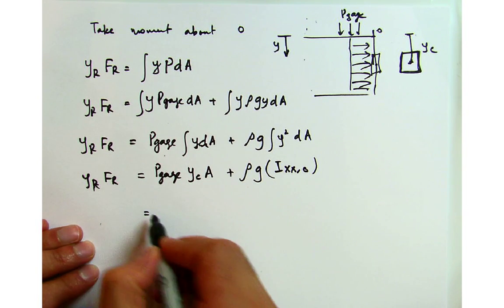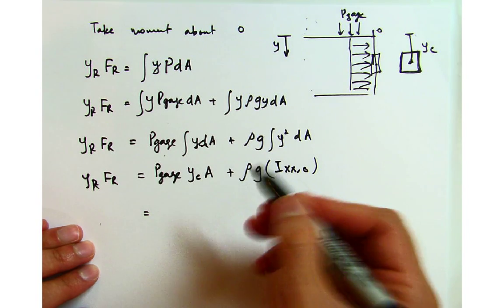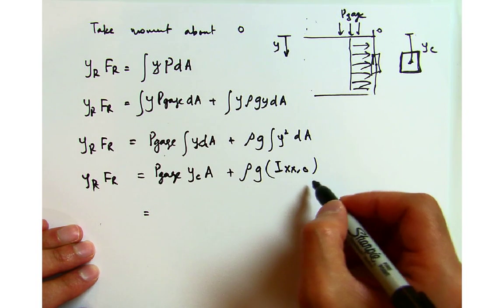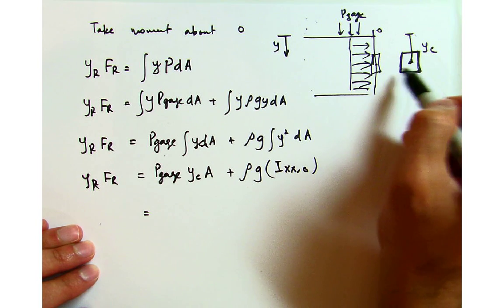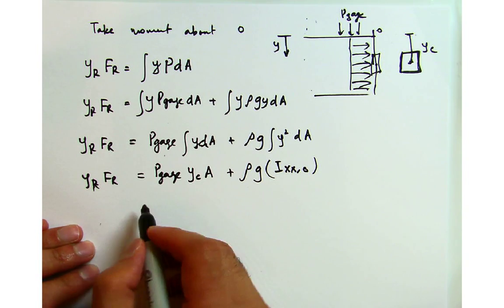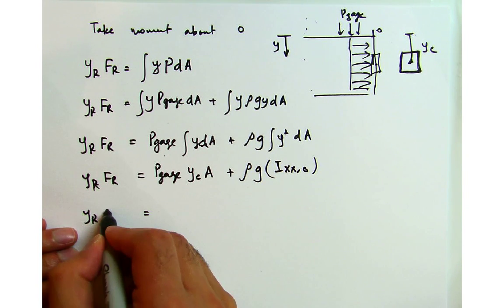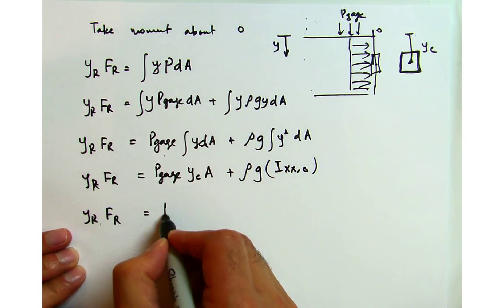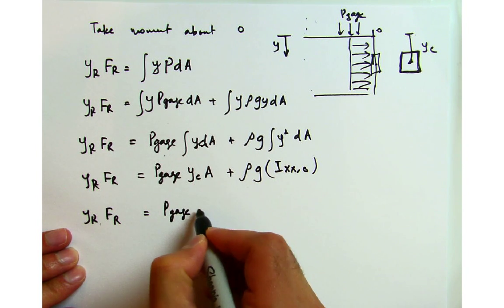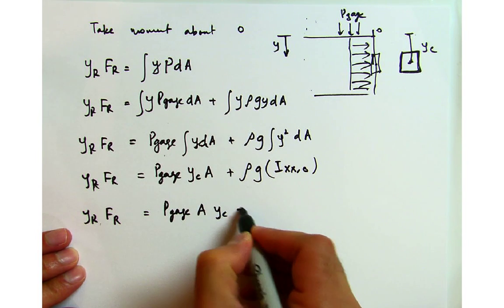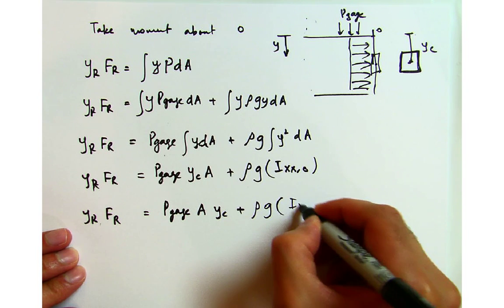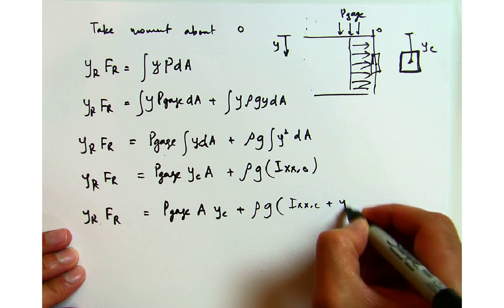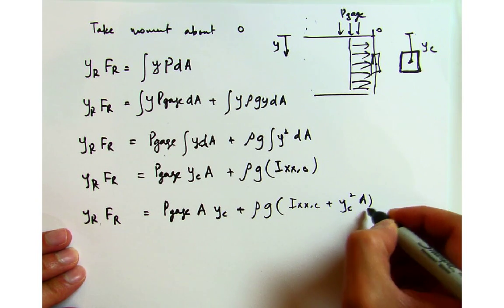I will use the parallel axis theorem to move this to the centroid of this geometry. So I'm going to write yR FR equals P gauge times area times yC plus rho g times (IxxC plus yC squared A).